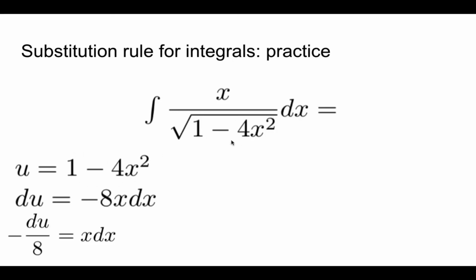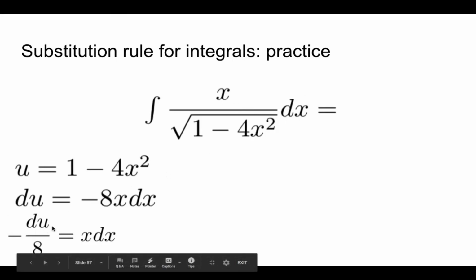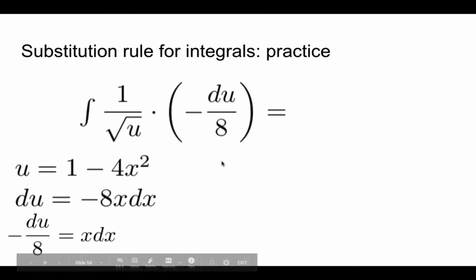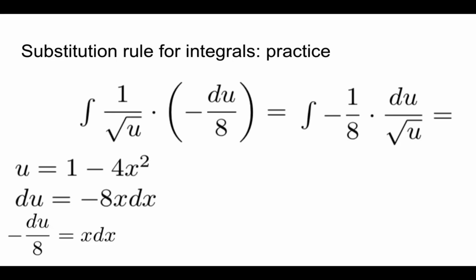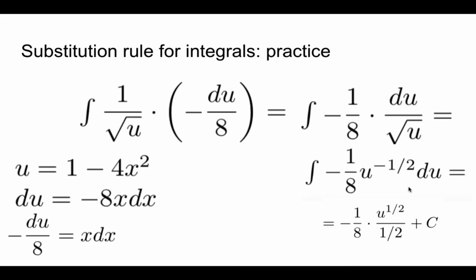And now make the substitutions. Instead of this, put u. Instead of this, put the differential of u divided by 8. So you will get something like this. A little bit of rearranging here. And now this function can be readily integrated. So integrate it.